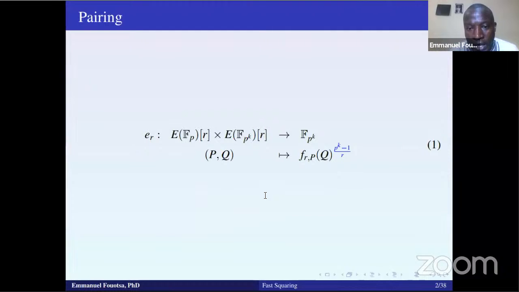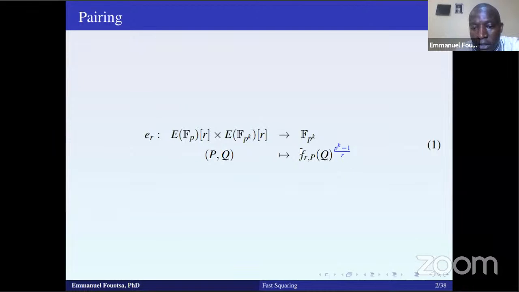The pairing of two points P and Q is simply the function f_{r,P} that we evaluate at Q, and then we raise the result to the power (p^k - 1)/r, where p is a large prime number, k is an integer, and r is also a large prime number.